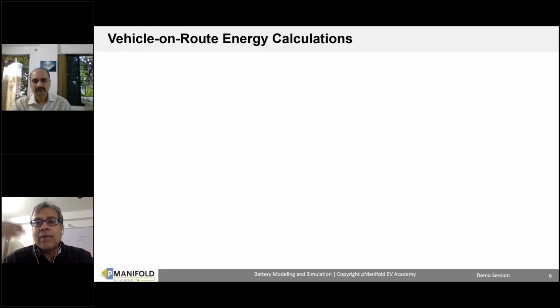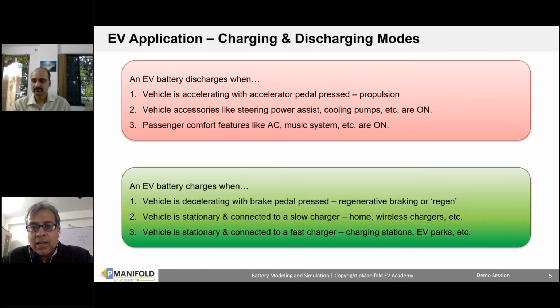Then you will have to design the right control intervention either on the air conditioning cycle or on the battery cycle or combined on both cycles, and see how you are able to improve vehicle efficiency with all these different loads operating. That becomes a requirement and also a control design principle that will then have to be coded into the BMS by your software team. So I want you to look at the last slide from that angle, that all these are different use cases that you will learn to model as part of this program.